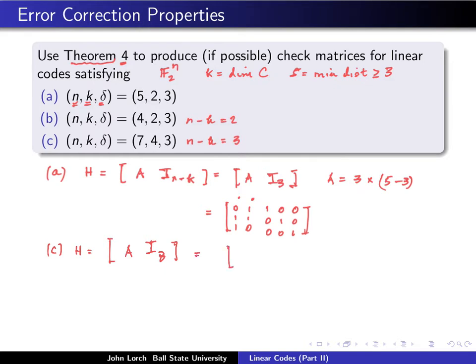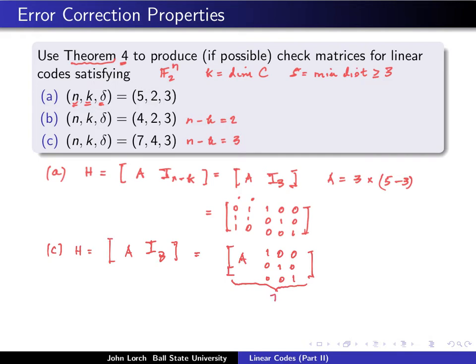So this is going to be an A. And then over here we'll have 1, 0, 0, 0, 1, 0, 0, 0, 1. Now, unlike part A, where the entire matrix H had 5 columns, this time the entire matrix H is going to have 7 columns.